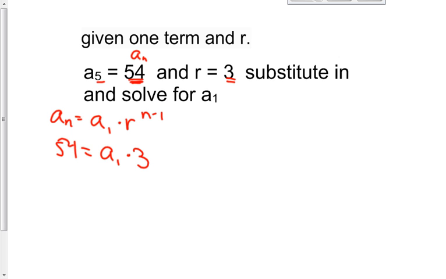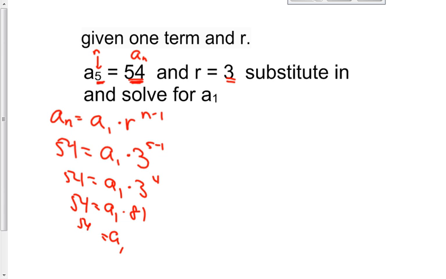N is what term we're on. That's that value right there. We're on the 5th term, so we're going to raise this to the 5 minus 1, raised to the 4th. 54 equals a sub 1 times 3 to the 4th. 3 to the 4th is 81, and when we divide, a sub 1 equals 54 over 81. 54 over 81 is going to reduce.